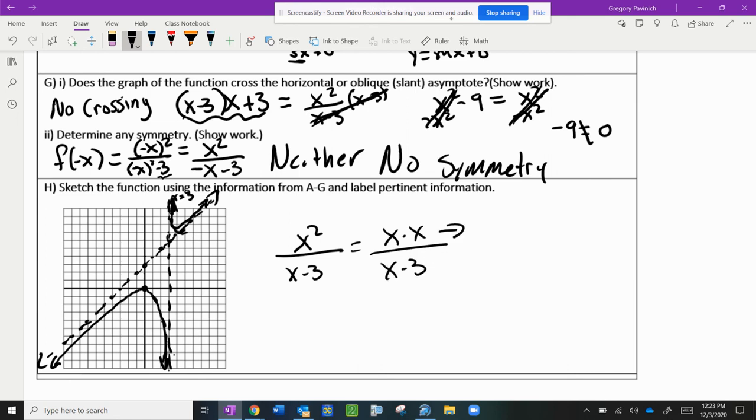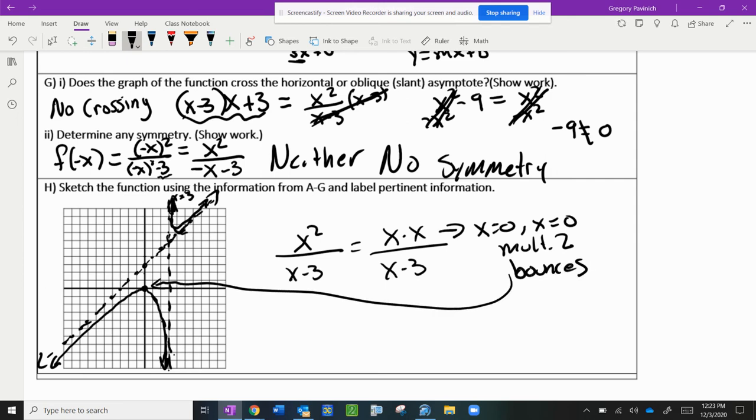So that means I had x equals 0 occur twice, which is a multiplicity of 2, which means it bounces at the x-intercept. And notice that's exactly what it did here, the rational. It stays true with rationals because rationals are just two polynomials divided by each other.